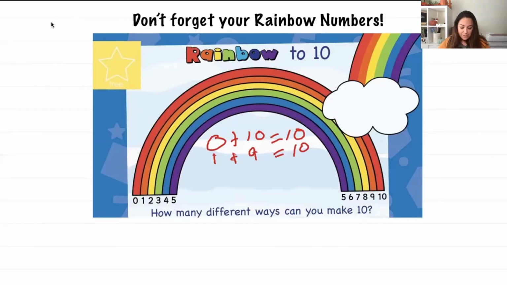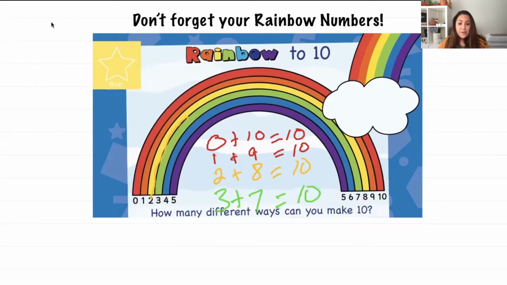Let's go ahead and follow the yellow line. 2 plus 8 equals 10. So I'm going to go ahead and write that here. And then let's go ahead and look at the green line right here. 3 plus 7 equals 10.